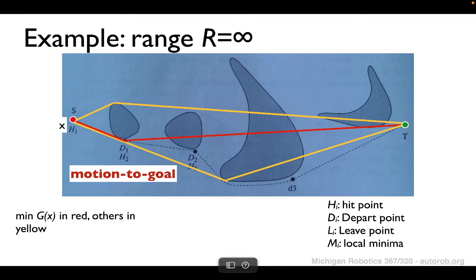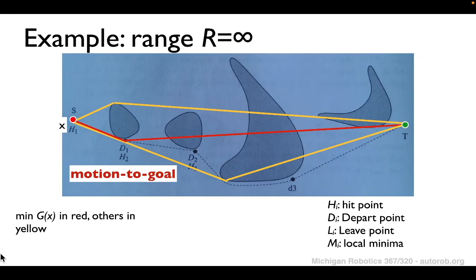But to start, it's going to start in the motion to goal phase, where it's going to consider the obstacle extents that it can see from the starting location here, which are these three highlighted in red and yellow, and it's going to choose to move in the direction of the extent that minimizes that heuristic. In this case, it's going to be this extent here, which is represented by this hit point 2.